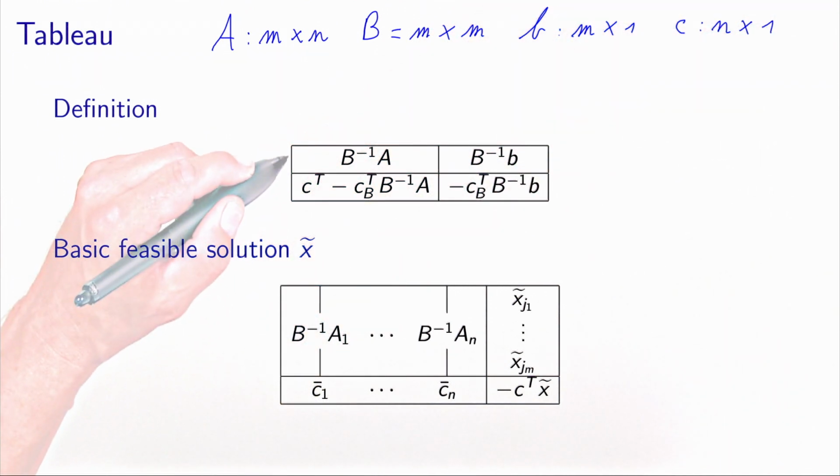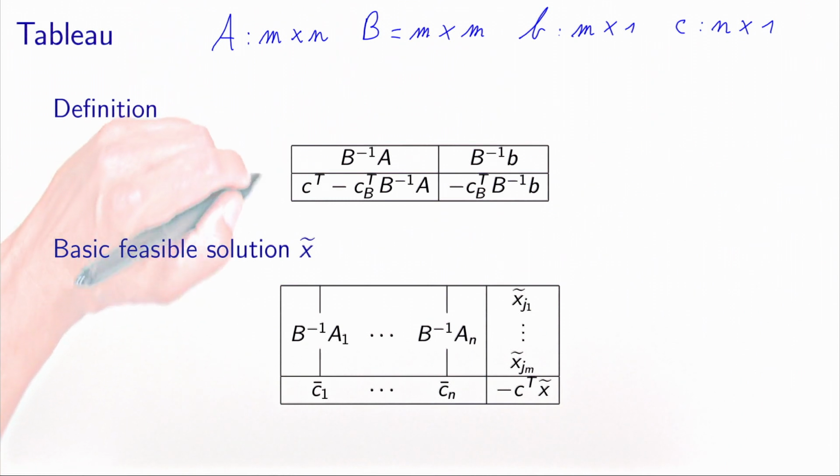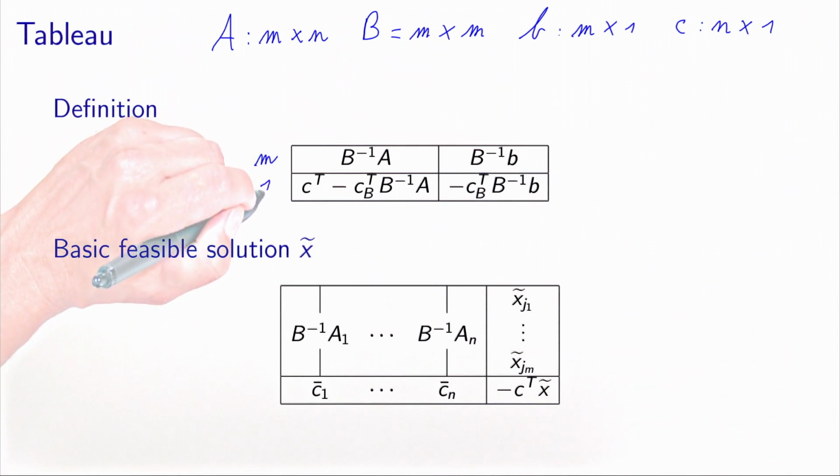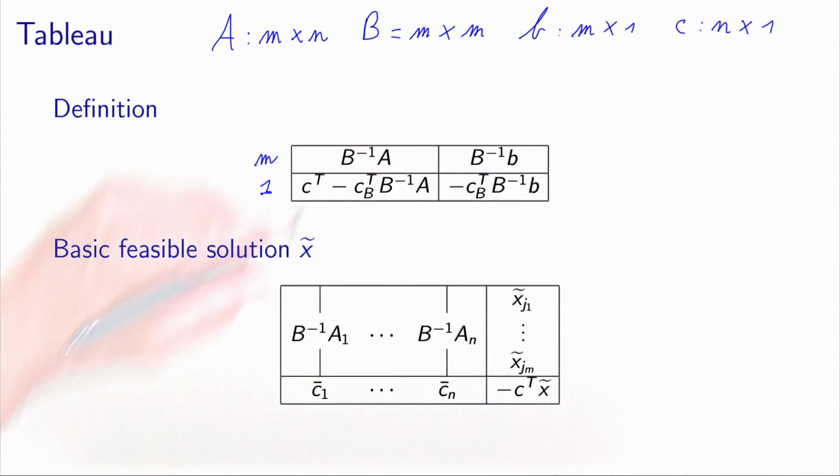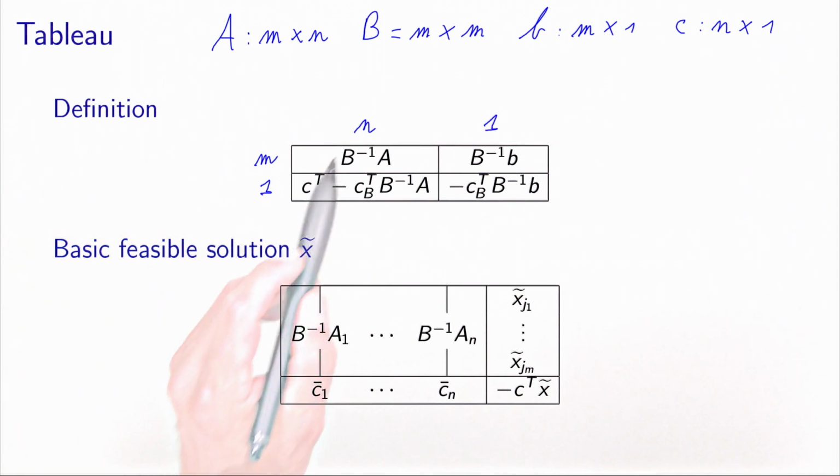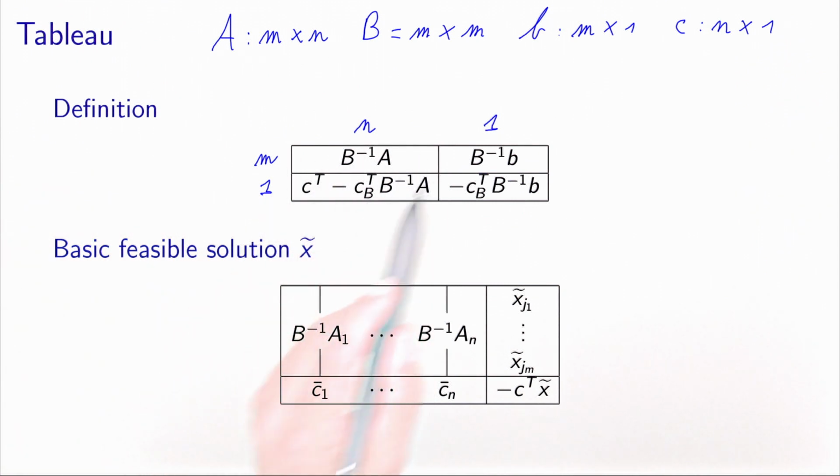So the first part of the tableau has m rows, and the second part is one row. In terms of columns, the left part of the tableau has n columns, as the matrix A, and the last column is just one column. We have basically the matrix B^-1 A, which takes the major part of the tableau, and we have one additional column and one additional line.